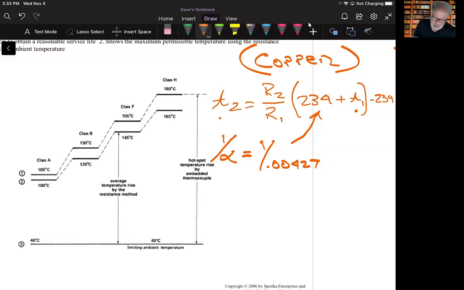He says on page 130, note that when performance tests are carried out using the resistance measurement, the ambient must lie between 10 degrees and 40 degrees C. If the winding happens to be made of aluminum, the equation can still be used, but this number becomes 228. He mentions aluminum and copper because they are the two dominant types of conductors used.